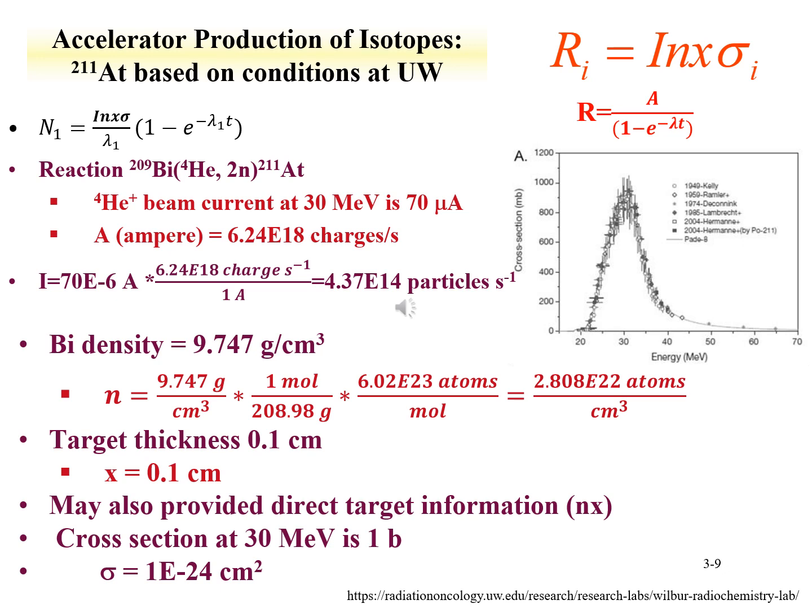Equations that show the production of isotopes from accelerators were also provided, and we're going to show an example of that using the production of astatine-211 based upon conditions that are used at the University of Washington.